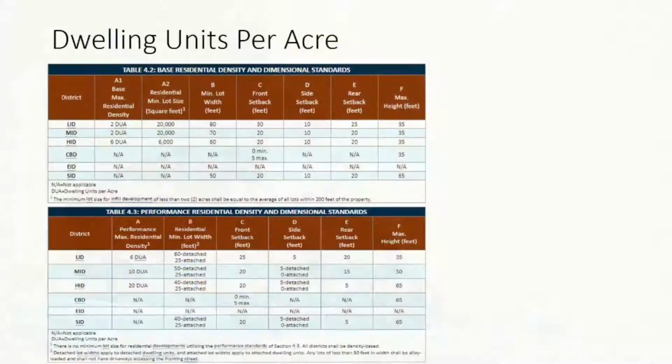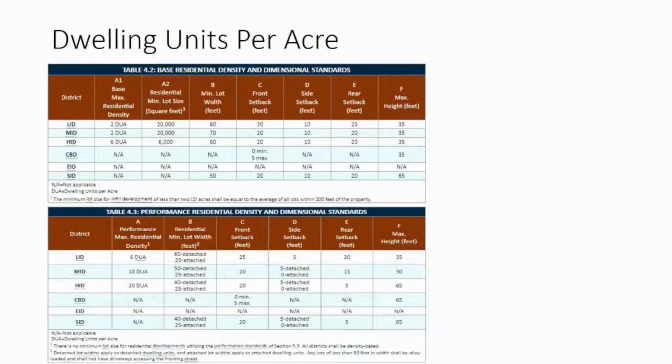MID, if you max out on performance points, is 10 dwelling units per acre. So if you were to take 10 dwelling units per acre, and the total acreage of those lots is approximately 6.5, that's 65 units maxed out. Okay.